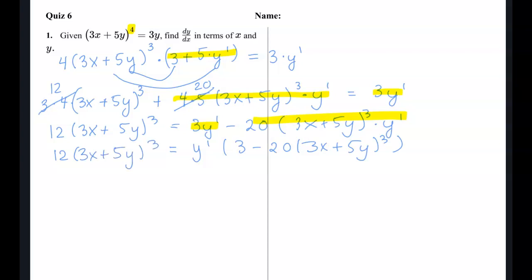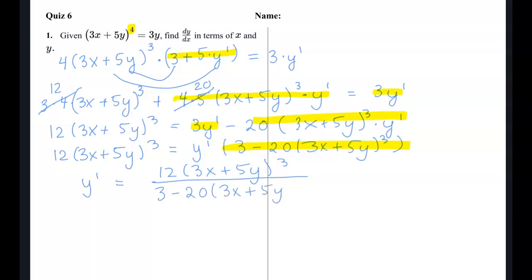Last step, we divide in order to solve for y prime. So we have y prime is equal to 12 times 3x plus 5y to the third power divided by 3 minus 20 times 3x plus 5y to the third power. And that's all we're going to do.